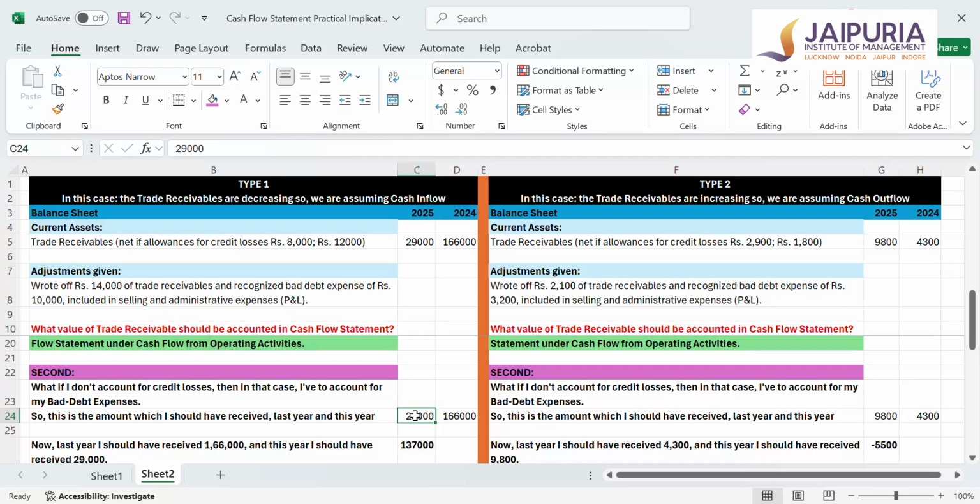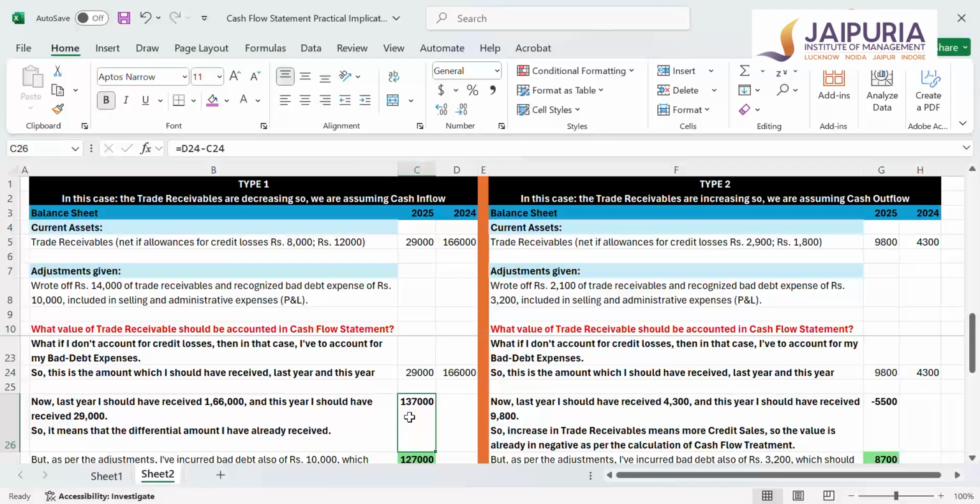So the differential value of 1,37,000 I should have received, because last year I had to receive 1,66,000 and this year 29,000, it means in this period I have received 1,37,000. But the adjustment has given that I had a bad debt of 10,000.